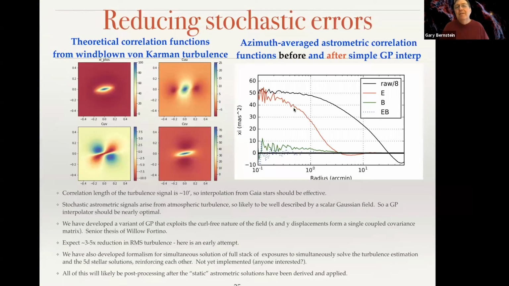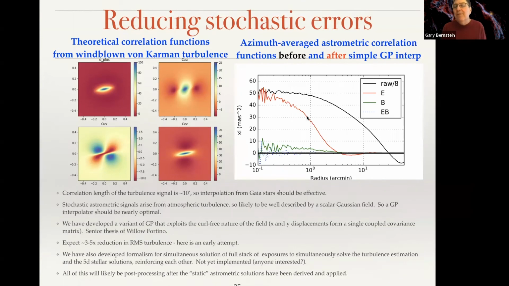So because this turbulence field is almost a Gaussian random field, a Gaussian process interpolator should be optimal for this job. And I made a real quick run at doing a GP interpolation from a selected subset of stars, and I found that I could quickly reduce this residual variance by a factor of 8.